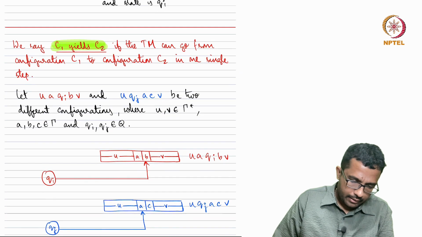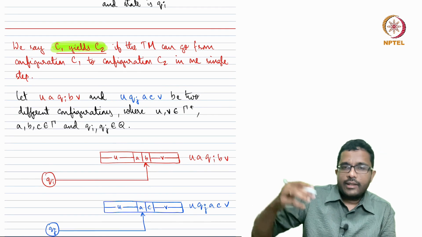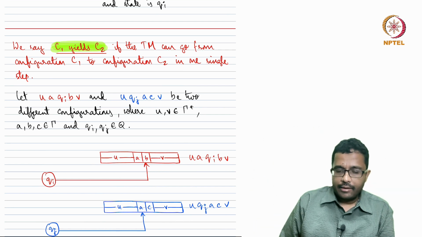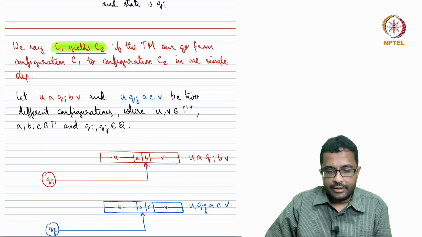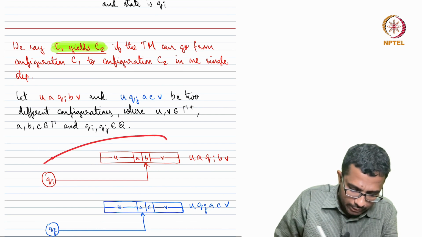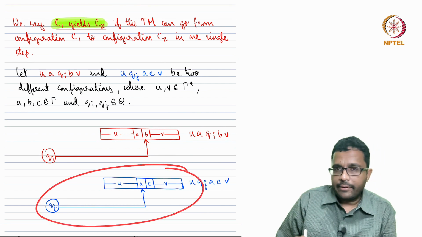So we say that a configuration C1 yields C2 if C2 is the successor configuration of the configuration C1. And notice that we are in deterministic Turing machines, right? There is no non-determinism. So given this particular situation, the next step is clearly defined.